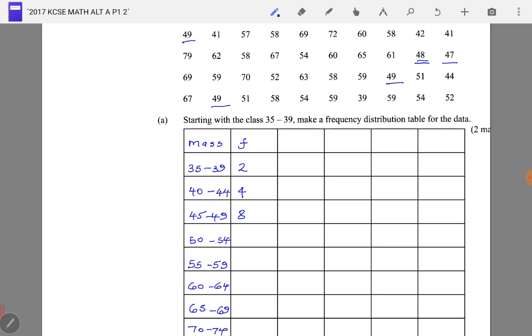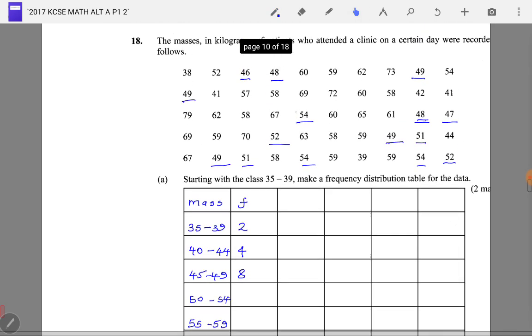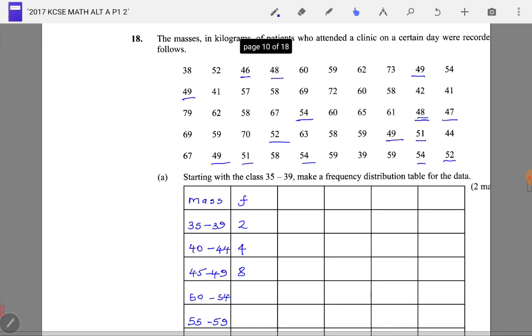50 to 54, also quite a number. We have 1, 2, 3, 4, 5, 6, 7, 8, 9.